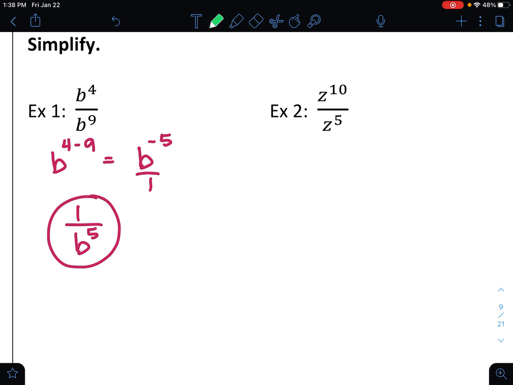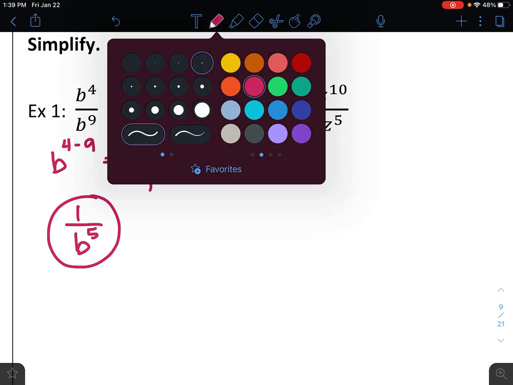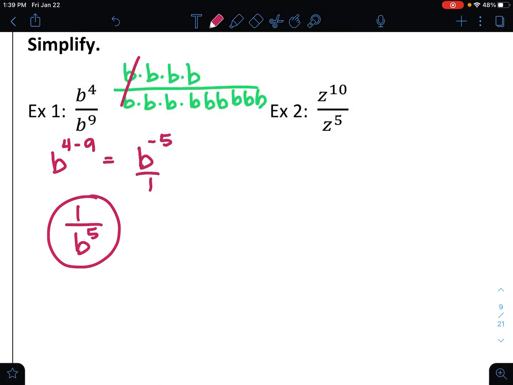Now let me go to the top and expand it out. Let's say we wrote it out. I've got 4 in the numerator, b to the 4th. And I got to write out 9. 1, 2, 3, 4, 5, 6, 7, 8, 9. All right, let's start canceling. These 2 wipe each other out.